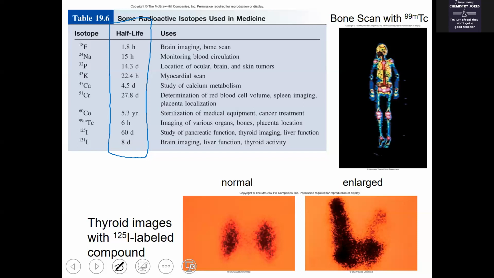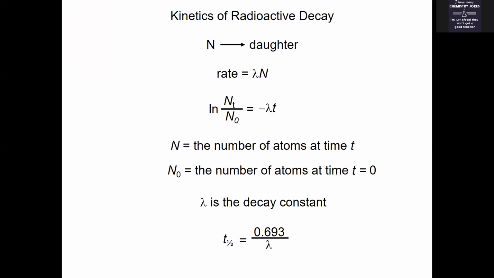So you know if you give them a dosage of a certain amount, after how many half-lives does it take for that to be emitted from a patient's body? That was a very brief overview of nuclear chemistry and what's involved, and that's as deep as we're going.